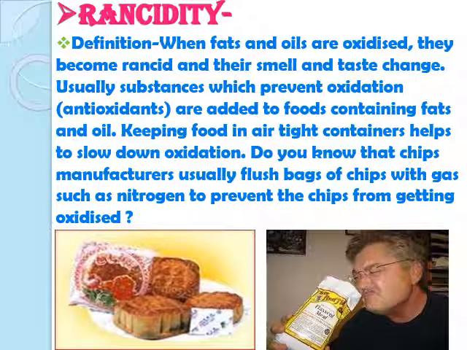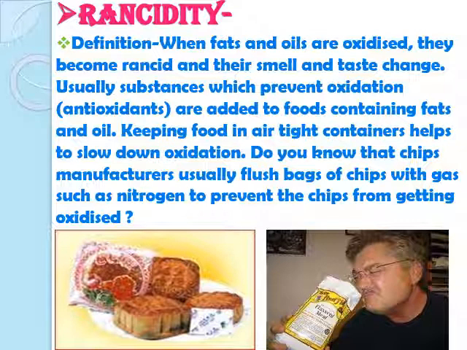Another phenomenon is rancidity. When fats and oils are oxidized, they become rancid, and their smell and taste change. Usually substances which prevent oxidation, or antioxidants, are added to food containing fats and oil. Also keeping food in an airtight container curtails the supply of air and slows down the oxidation.